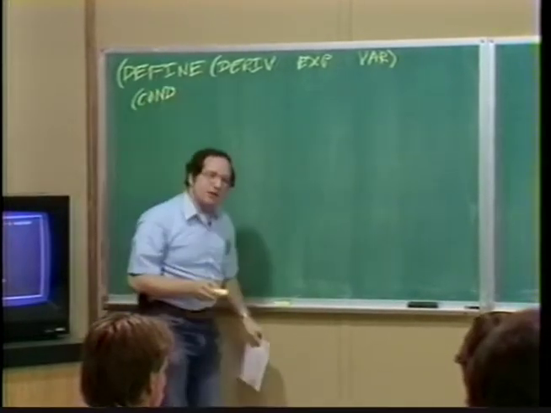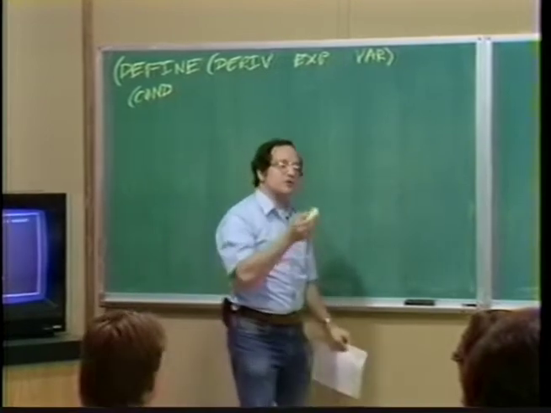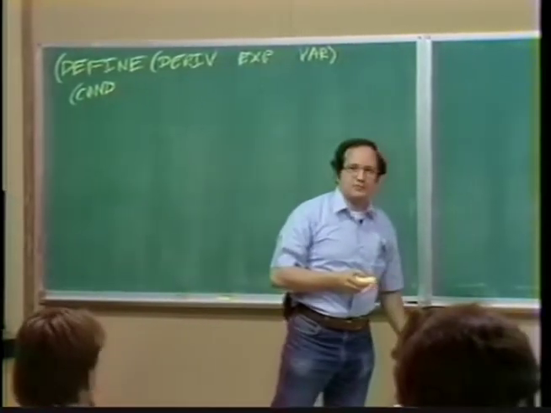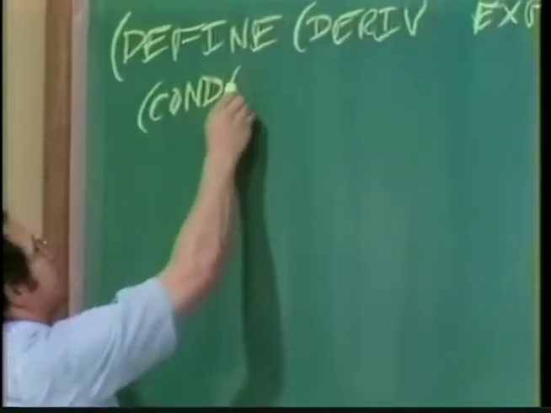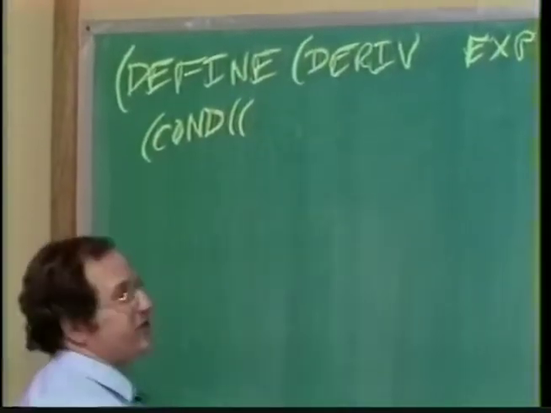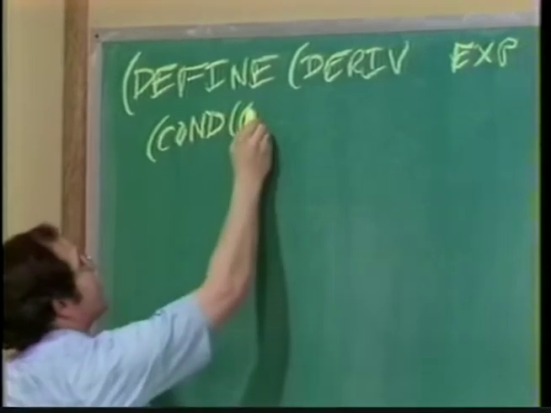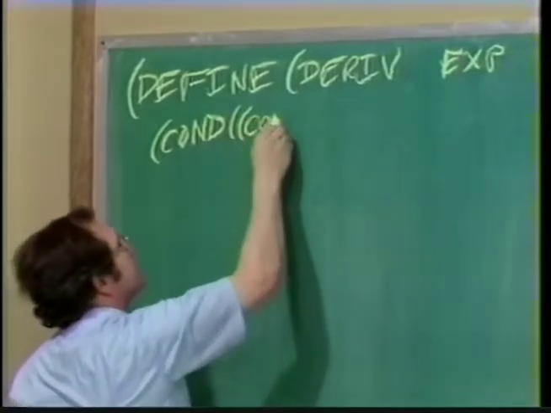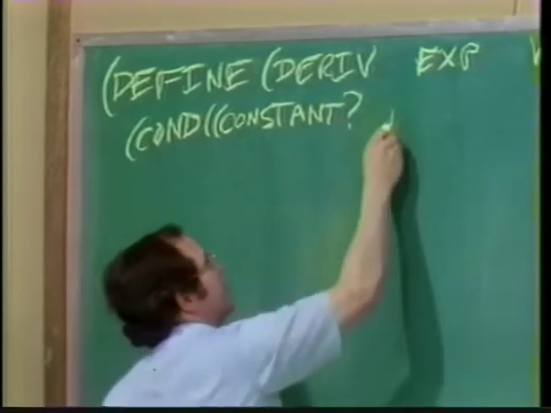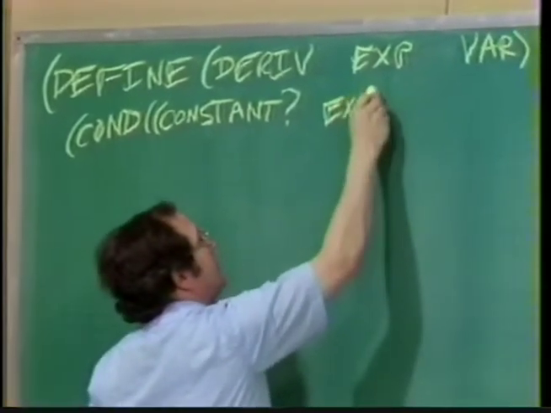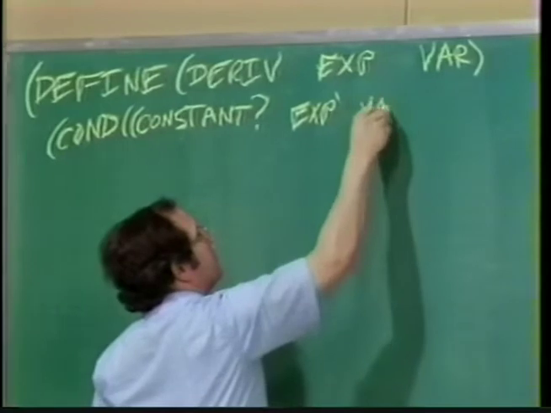Anytime we do anything complicated, that by a recursion, we presumably need a case analysis. It's the essential way to begin, and that's usually a conditional of some large kind. Okay, well, what are the possibilities? The first rule that you saw is: is something a constant? And what I'm asking is, is the expression a constant with respect to the variable given?